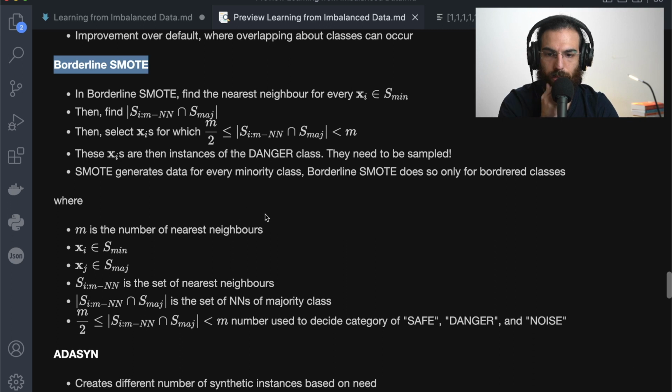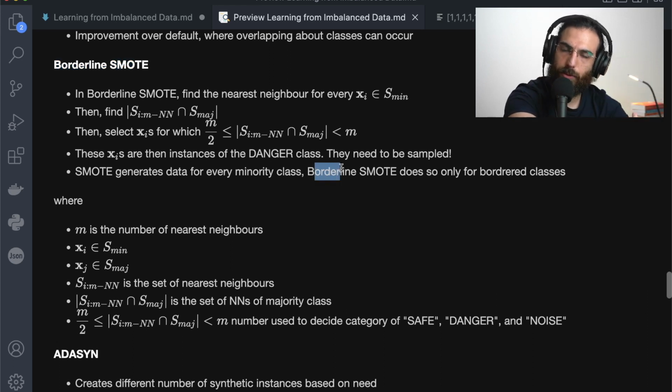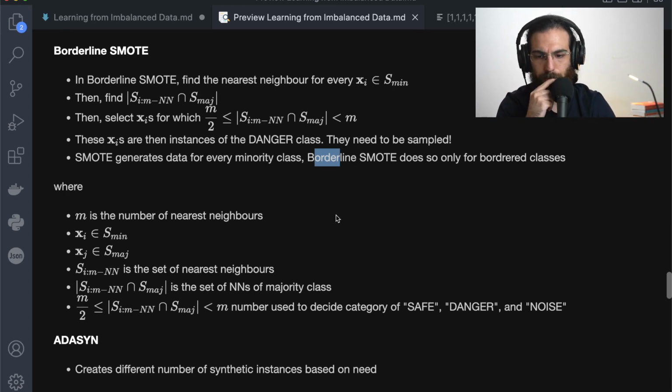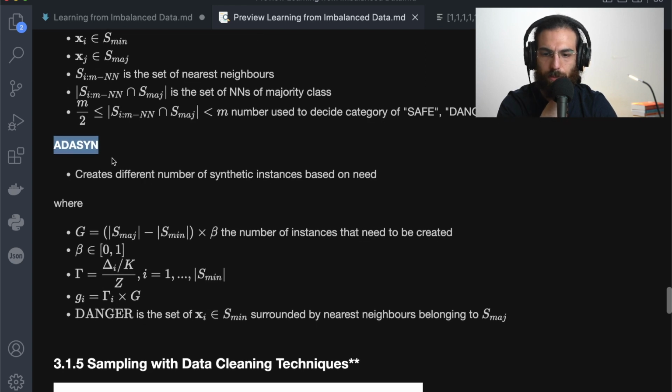Borderline SMOTE is for finding the borders, to identify which set is danger, which set is safe, which set is noise.